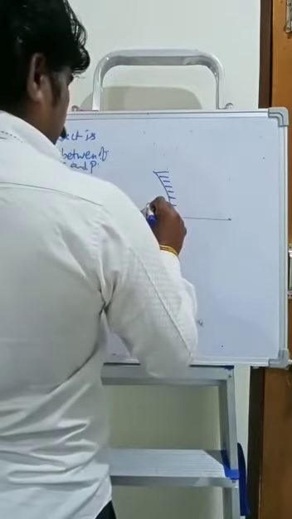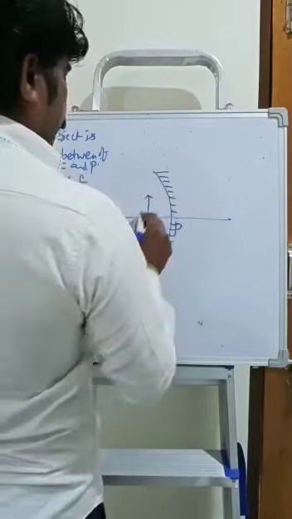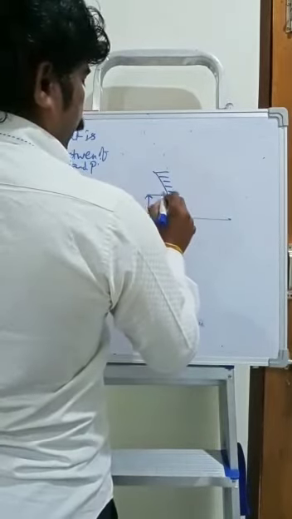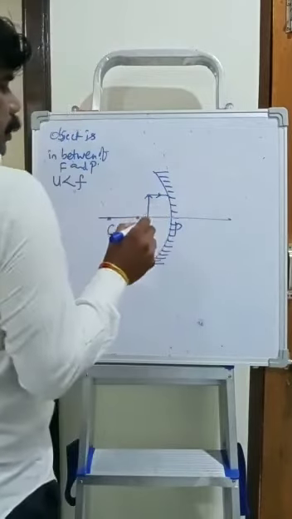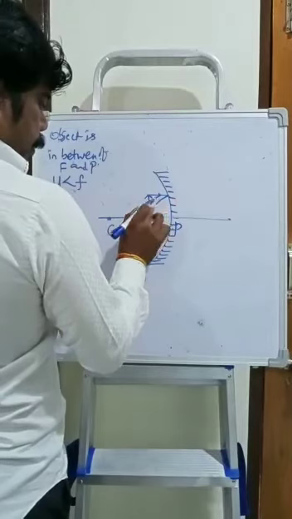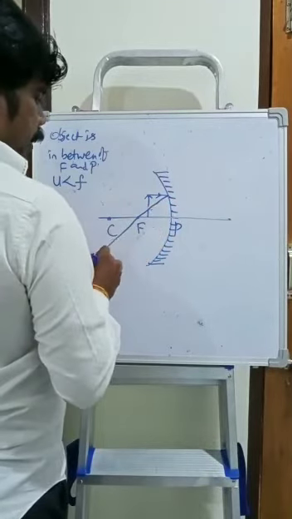Let us see now. For the object, the first incident ray is parallel to the principal axis and must pass through the focus after reflection.